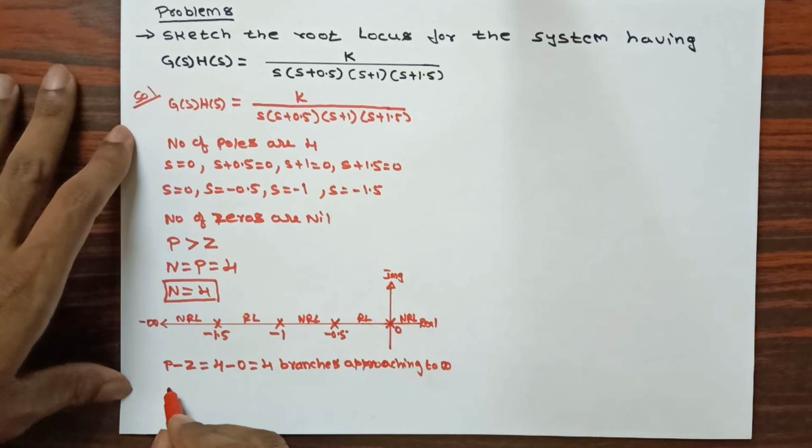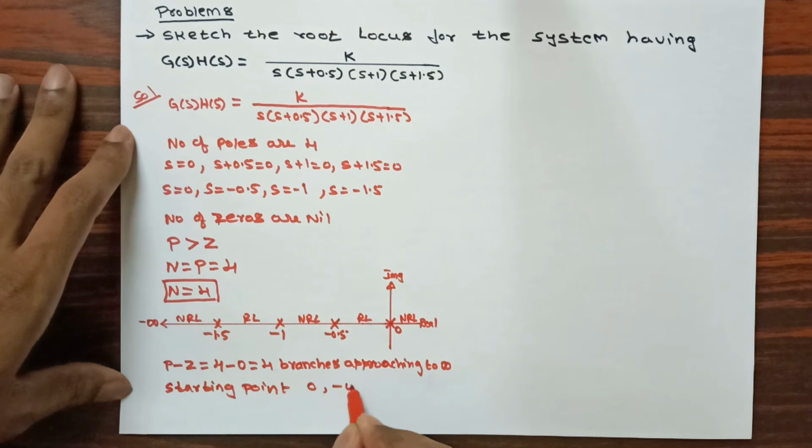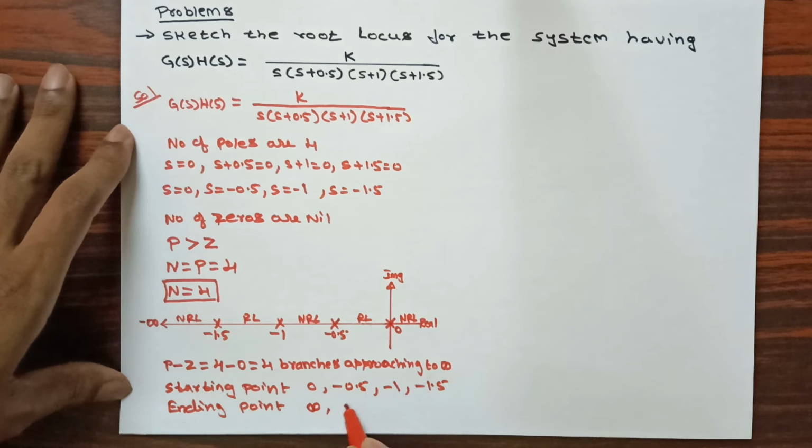First we'll consider the starting points. Starting points are 0, minus 0.5, minus 1, minus 1.5, and ending points are infinity, infinity, infinity, and then infinity.